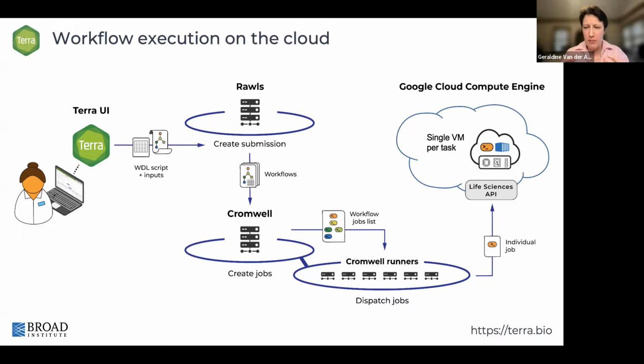And for each step in the workflow, a single VM, a virtual machine, will be generated, and the system will orchestrate execution of that command, running on the data, writing out the outputs, and will proceed, process all of the tasks in the workflow, and apply that to many, many samples if necessary, all in a way that's completely automated.